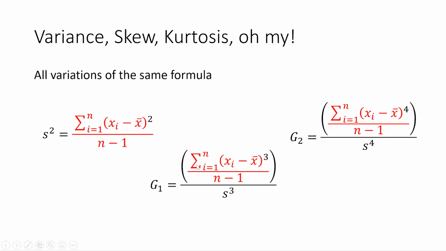Skewness is just the variance with the cubed power instead of the squared power, divided by the standard deviation cubed. Kurtosis is the same thing, but to the fourth power with standard deviation to the fourth power as well. So all of these equations are based on how each individual point varies from the mean.